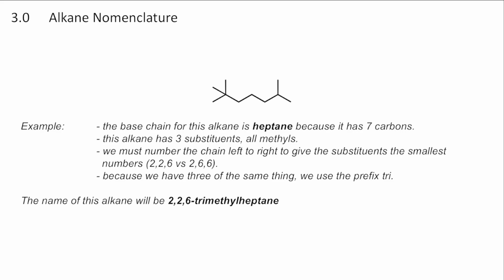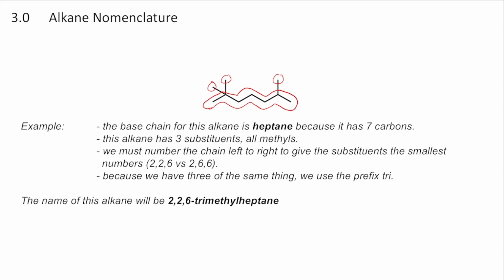Here's one more example. We need to find the longest carbon chain. Starting on the far left, we can find this chain as being our longest. Sometimes the longest chain is not the obvious one, so sometimes you might have to spend a little minute looking to see what they all are. Next we have a methyl, a methyl, and a methyl.